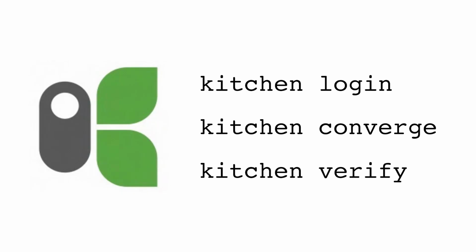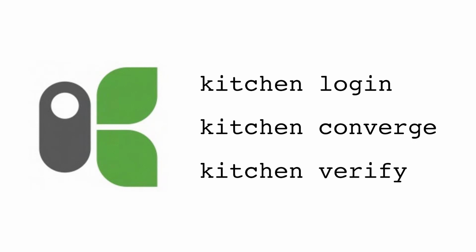And the three commands of interest that we're going to be using here with Test Kitchen is kitchen login. That means log into the container that we're testing. Kitchen converge, which in the Chef world, means take the server in its empty state and bring it into the state that you told it to be in.